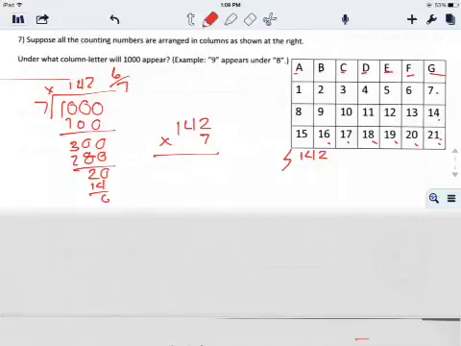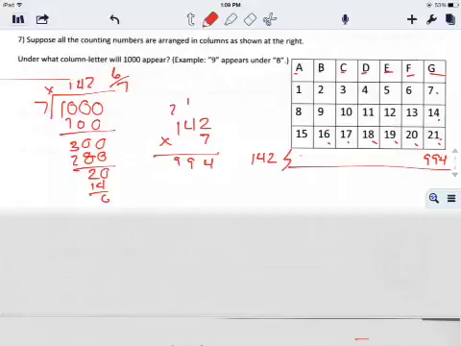See, 2 times 7, 14, 28, 29, 994. So what that means is that I'd have 142 rows, and that last one would end at 994.